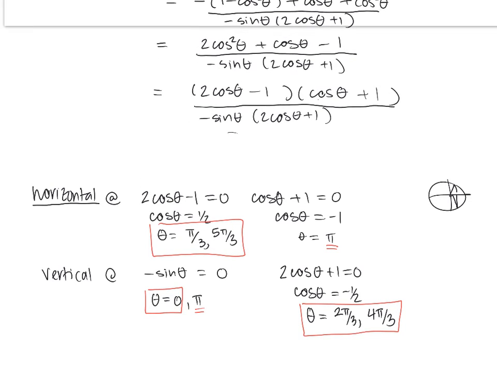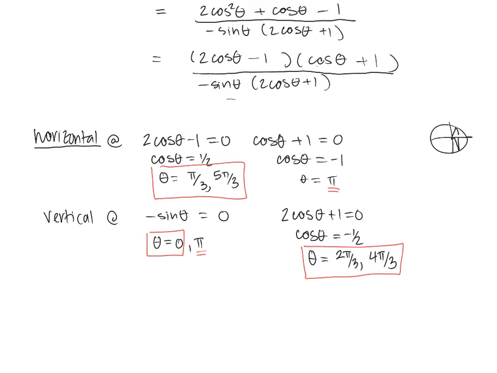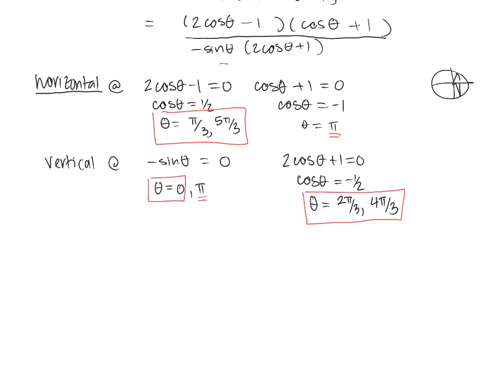So how you deal with that, and this won't come up on every single question, it just comes up on some of them, okay? How you deal with that is you find the limit as theta goes to pi from either side.